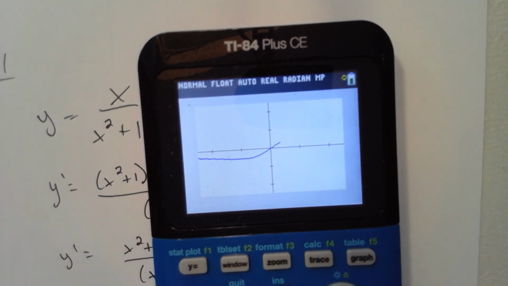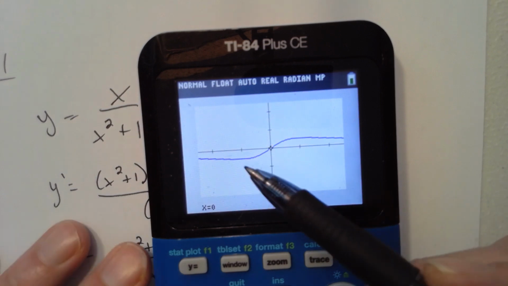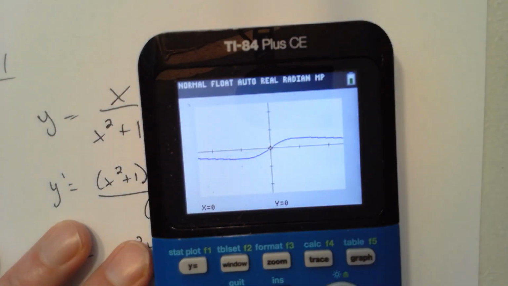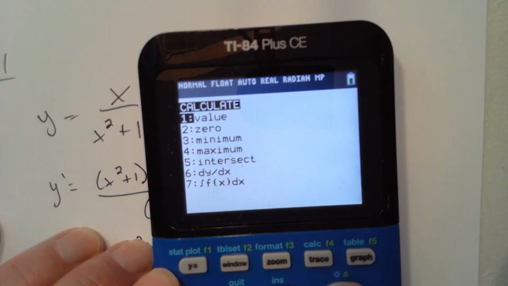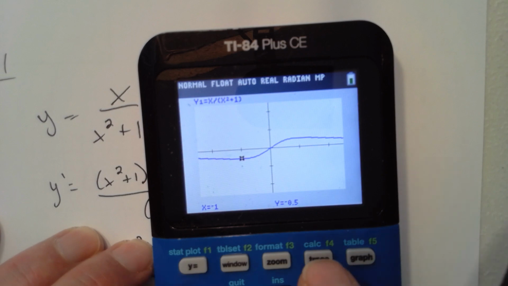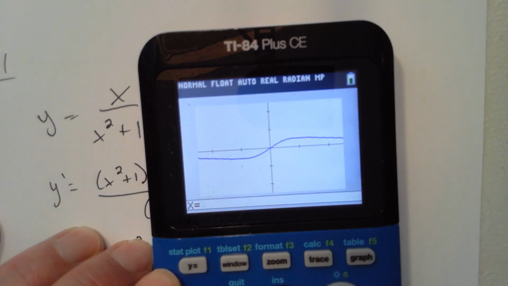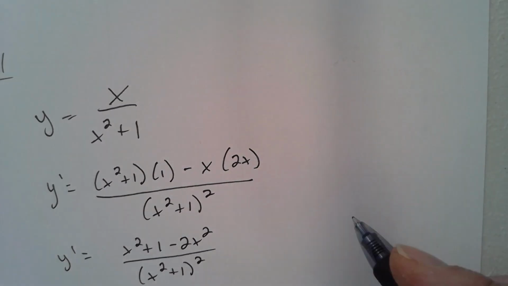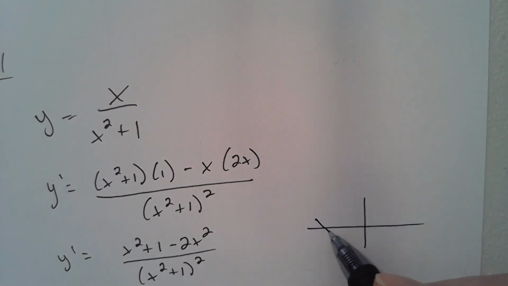So it does bottom out at negative 1 and it tops out at positive 1. So we can calculate our values at negative 1. We get negative 1/2. And positive 1/2.